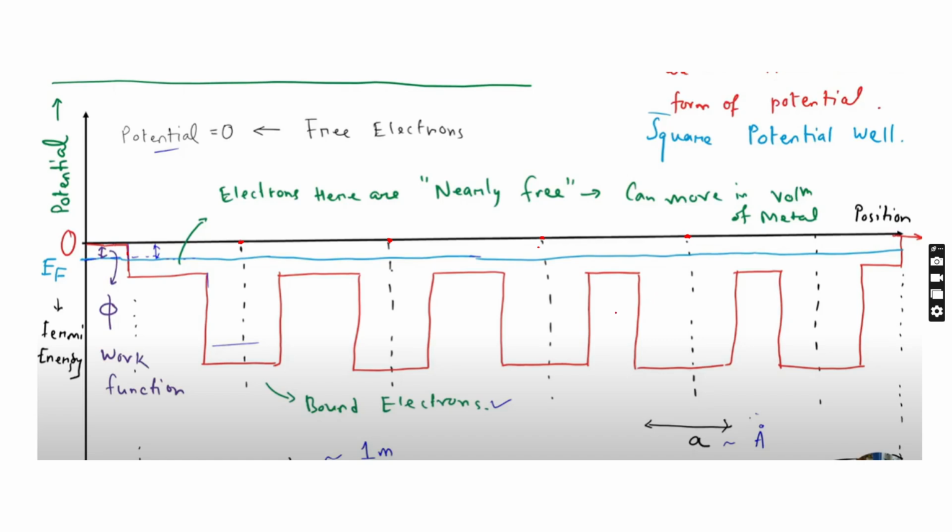Those electrons are free to move across the entire lattice from here to here.